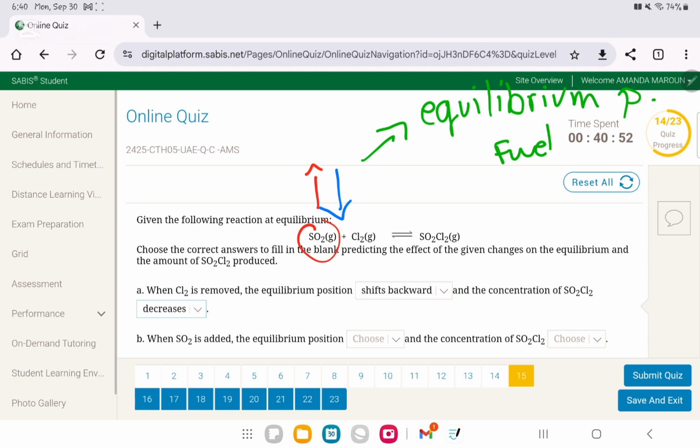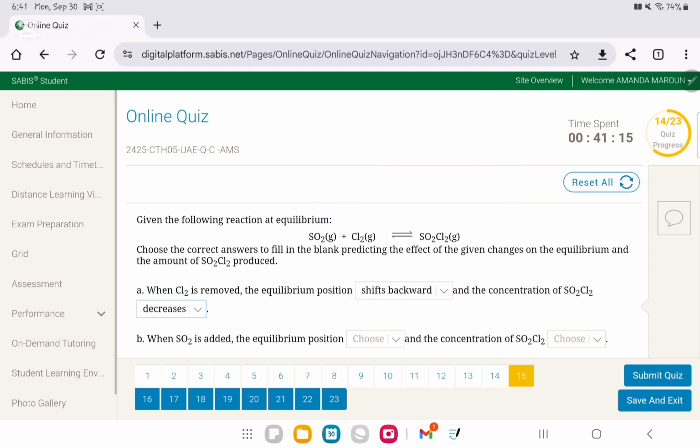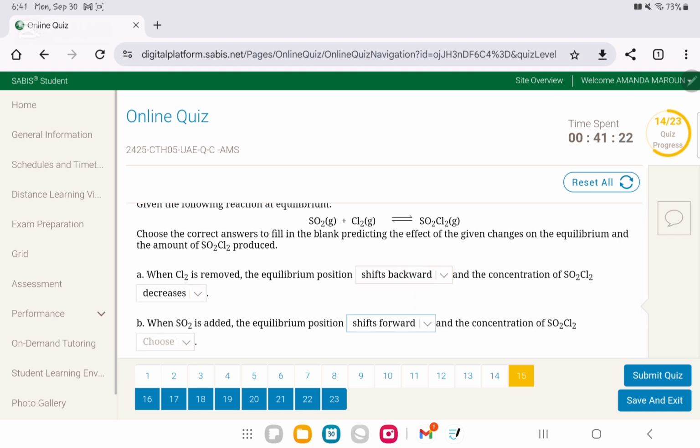Now, since it decreased, we will go to the other side of the reaction, which is the SO2Cl2, and it will take the command that we gave to this one. It will say, okay, I want to do the increasing. Since SO2 does not want to, I will do it. So now the SO2Cl2 will increase. So when SO2 is added, the equilibrium position shifts forward, and then the concentration of SO2Cl2 increases.